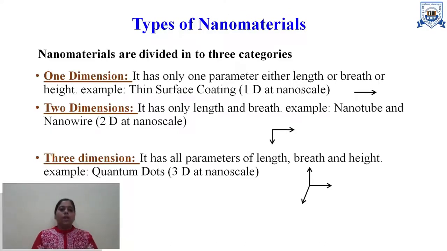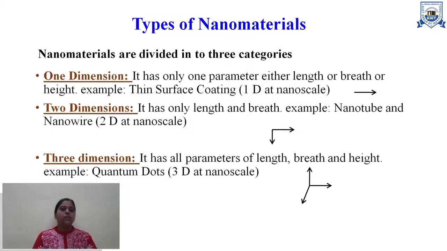Now, types of nanomaterial. Nanomaterials are divided into three categories, that is 1 dimension, 2 dimension and 3 dimension. 1 dimension has only one parameter, it may be length, breadth or height.